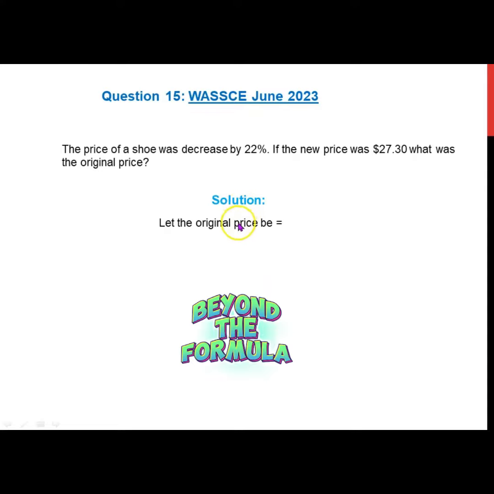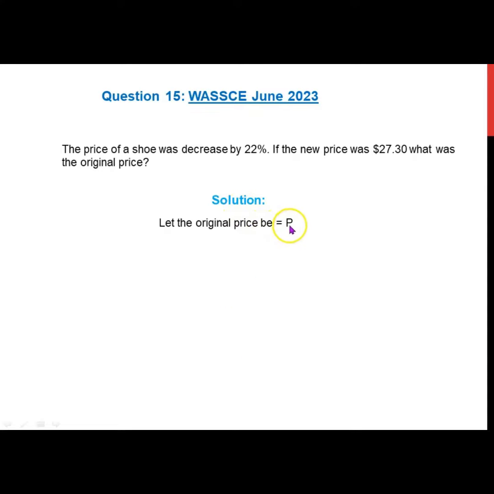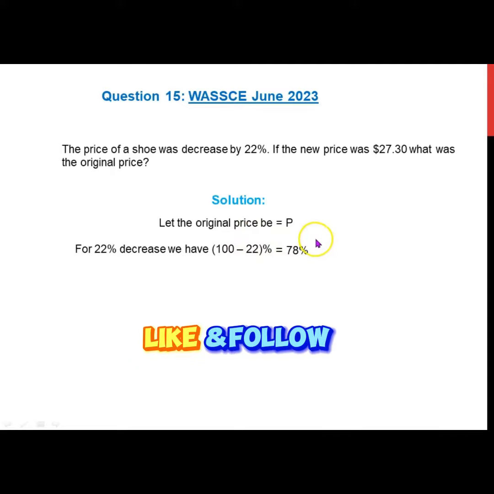We say let the original price be P. For the 22% increase, we have 100 minus 22%, and that will be equal to 78%.